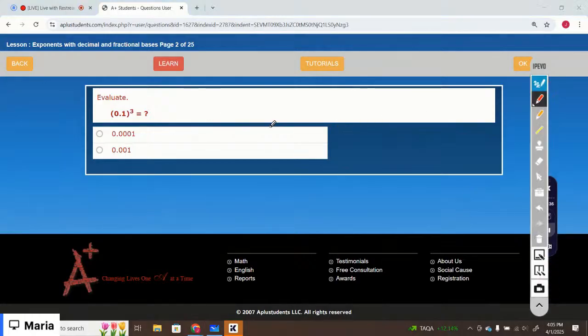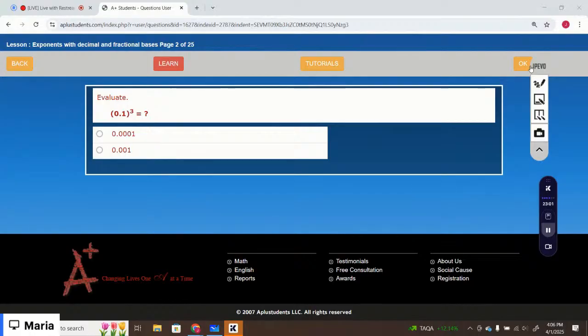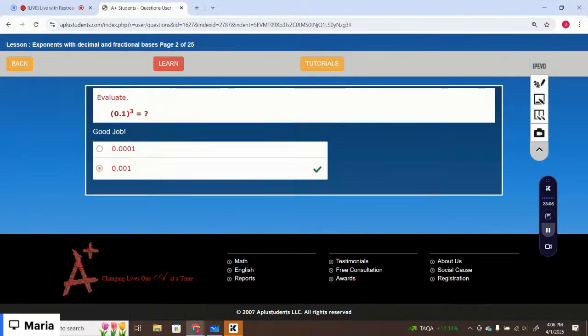Now, 0.1 cubed means you have to do 0.1 times 0.1 times 0.1. So which is the correct option, 1 or 2? Option number 2 is the correct option. That is 0.001.